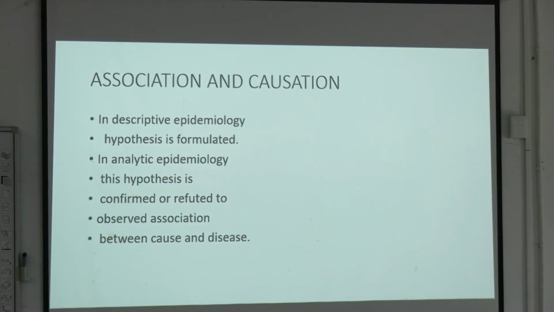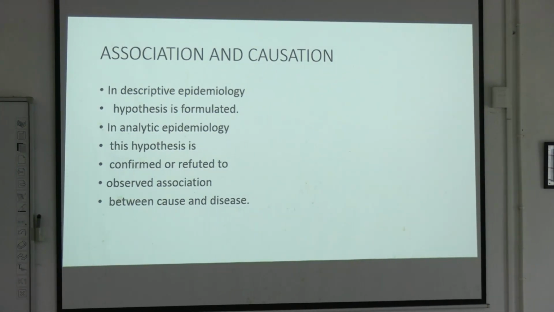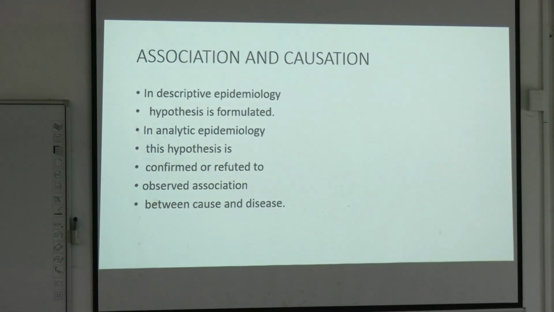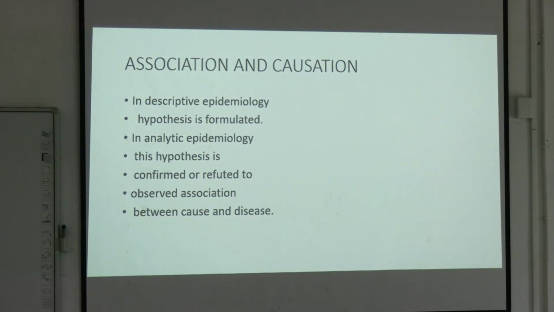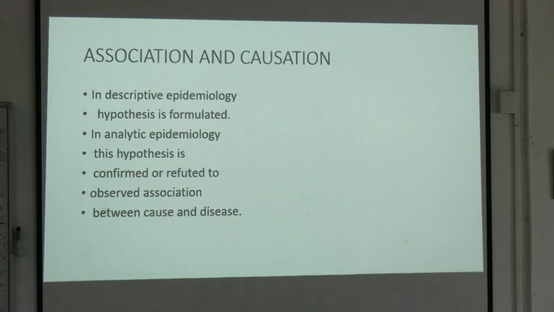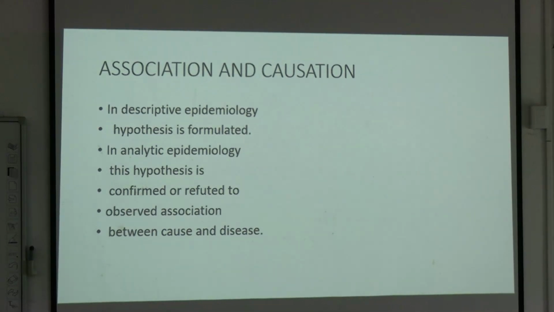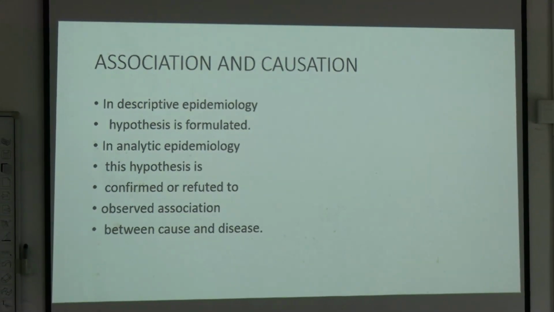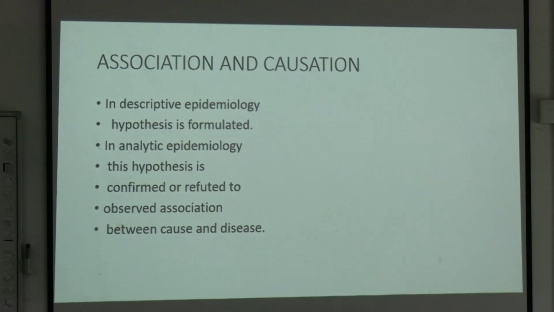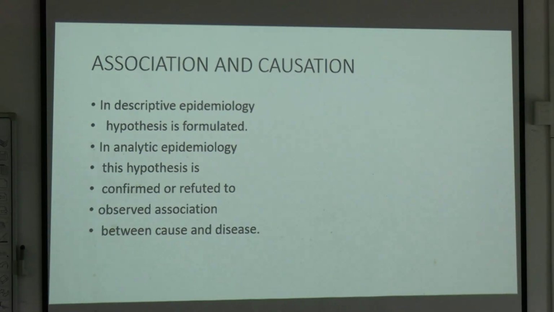We have already described that in descriptive epidemiology, a hypothesis is formulated. That is, bronchogenic carcinoma may be caused by cigarette smoking along with other factors. So, saying may means there is some fallacy, there is some doubt. So, it is not a thesis, it is below thesis, that is hypothesis. So hypothesis is derived from descriptive epidemiology.